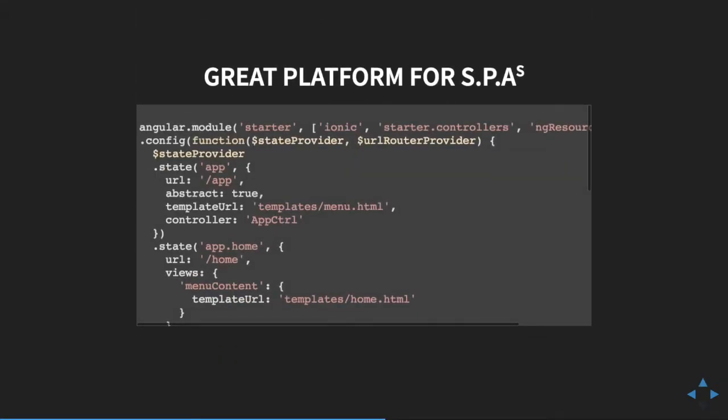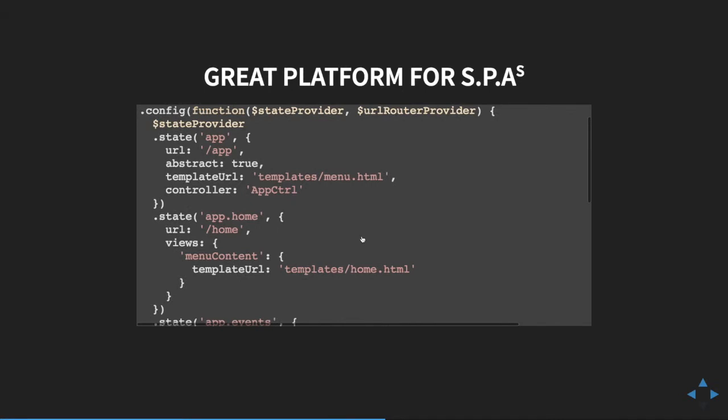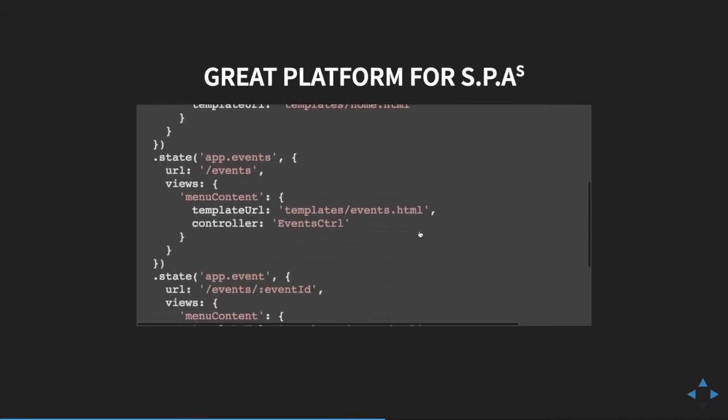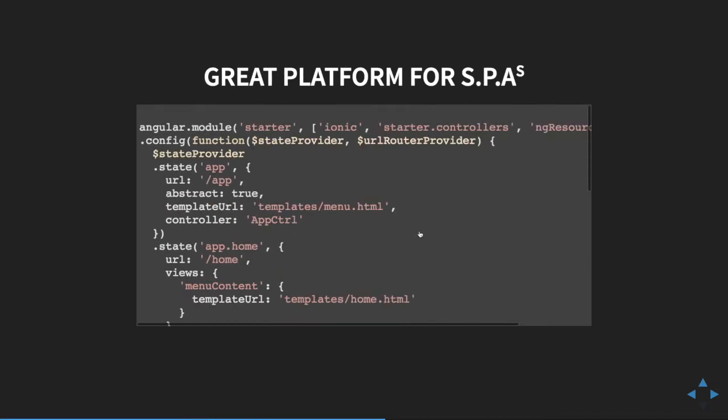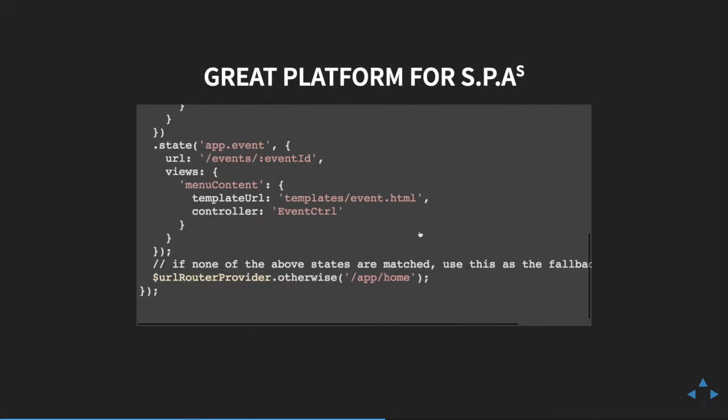It's a super good platform for single-page apps. This example is routing in Angular. It will probably look like gobbledygook if you're not used to seeing routing stuff. But basically, what I want to show is that you can pass a lot of data to stuff really easily. So it's all running out of one index.html file.